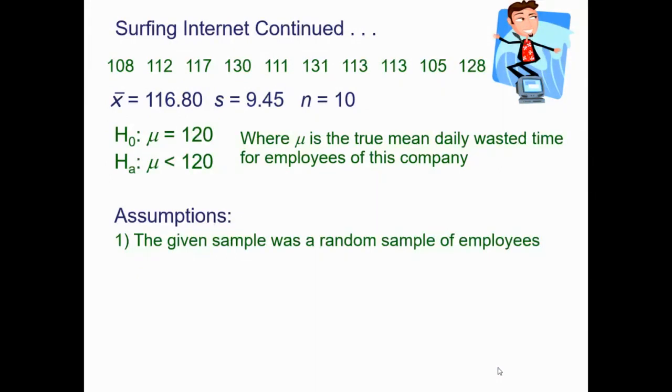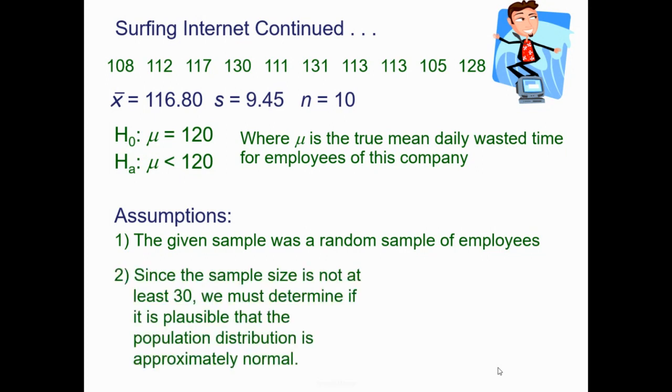We're good there. But now we need to determine, is it plausible that the distribution is approximately normal? So we have two options. We could do a normal probability plot or a box plot.